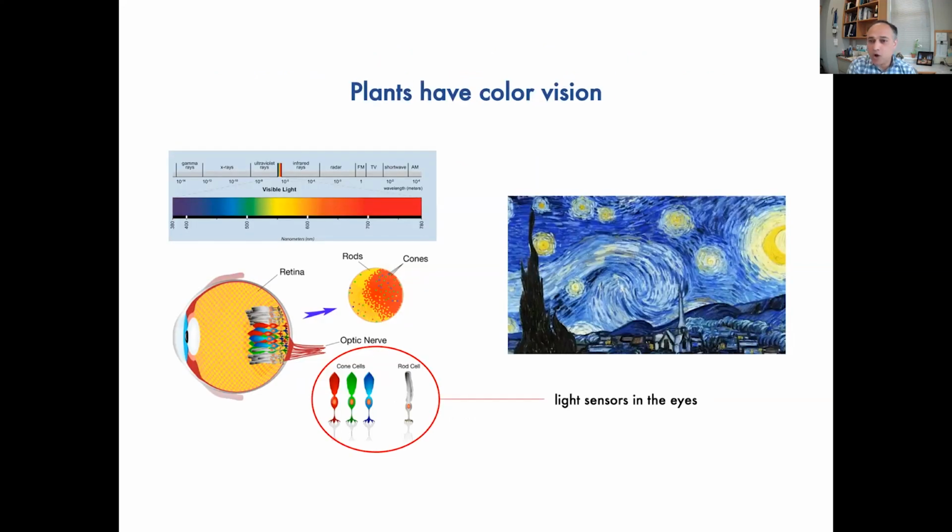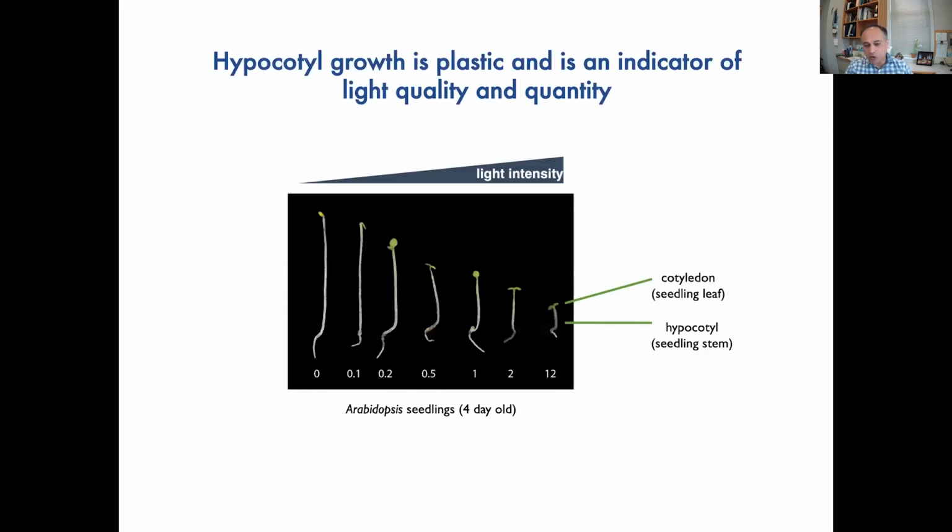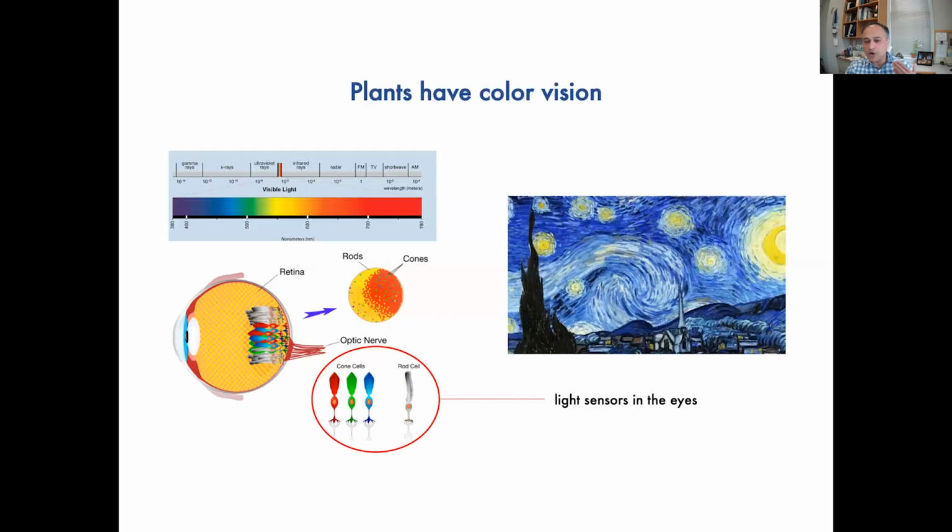Now you may ask how plants can tell how much light it has seen. Going back to my previous slide, you can see that with changes in light intensity, it affects stem growth. So how do plants know how much light and what color of light they are seeing? Since we can see color, right, we have rods and cones, it gives us color vision.